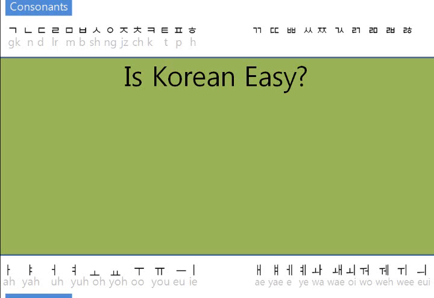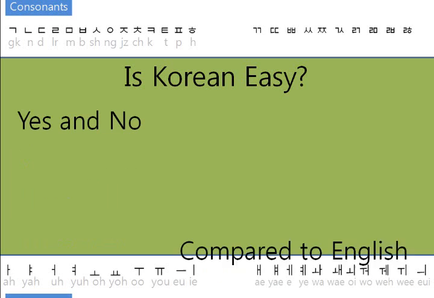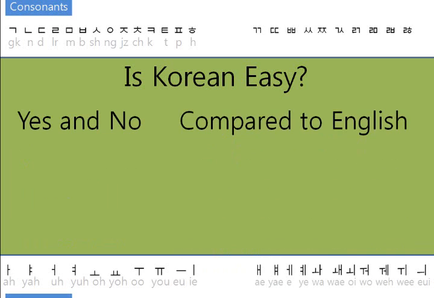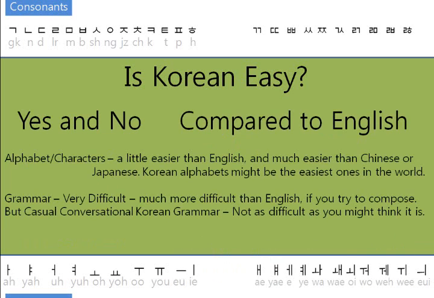A lot of friends of mine ask me whether the Korean language itself is easy or not. Well, I would say yes and no. Compared to English, the alphabets and characters are a little easier.